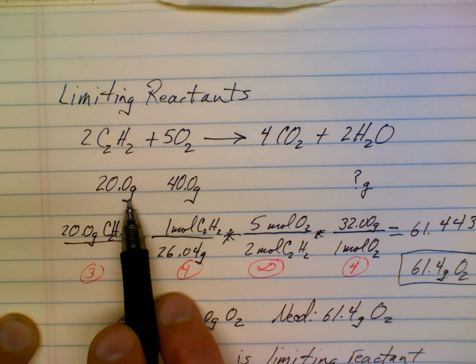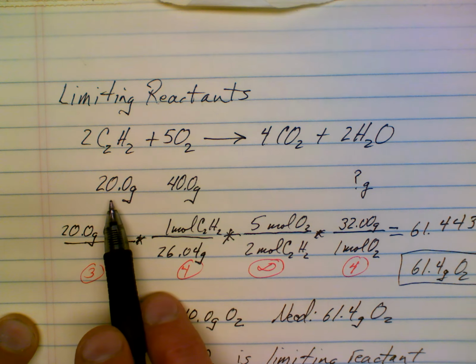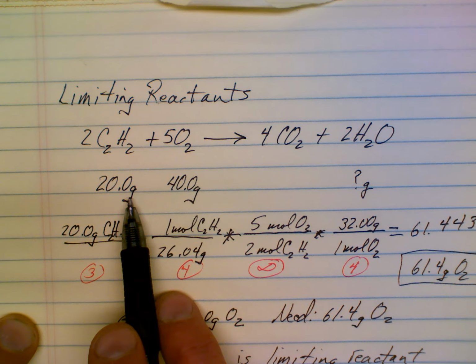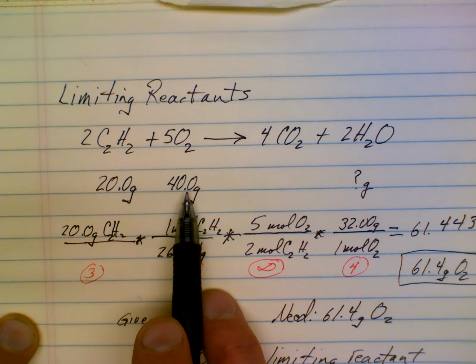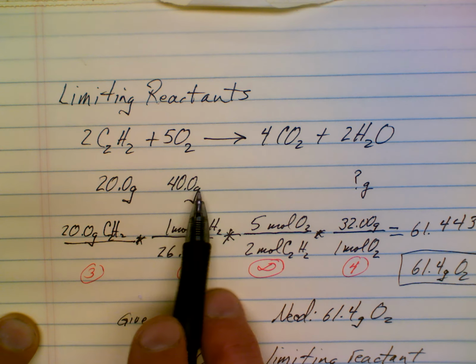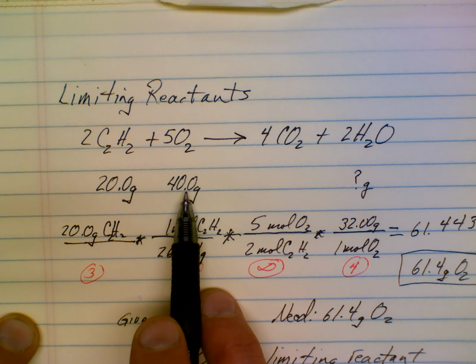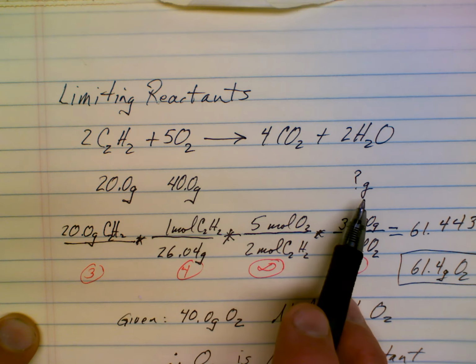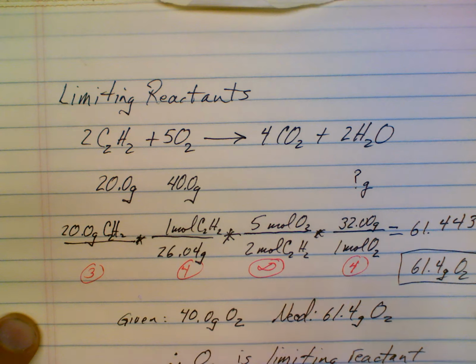In fact, only 13 grams of this acetylene will be used. So we could either use the 13 grams of acetylene, or we can use the 40 grams of the oxygen. We can choose either one. So in this case, I'll just use the 40 grams of oxygen to determine the mass of the products.